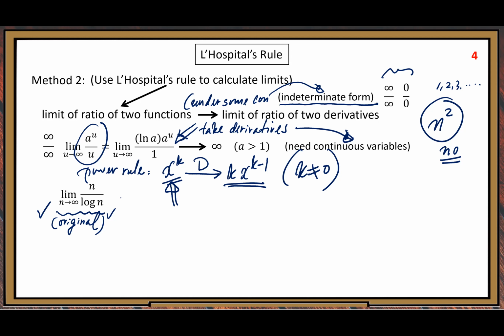But this time you can see the numerator function n and the denominator function log n both use discrete variables, right? Be careful: for discrete variables, when you want to apply the derivatives, you may have some problem.